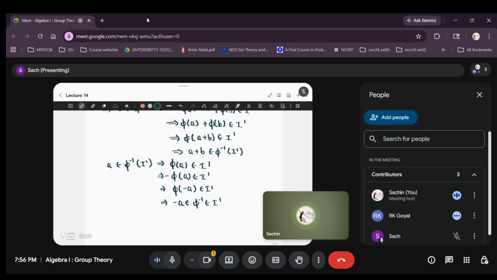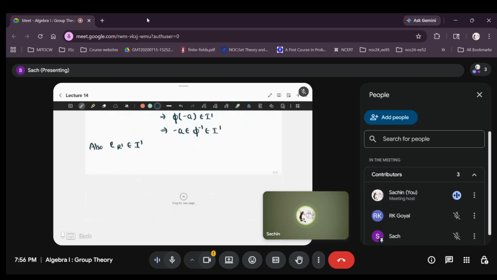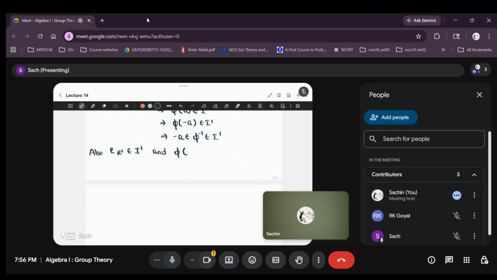Then we also know that E_R is mapped onto E_R prime, which belongs to I prime because I prime is an ideal of R prime, right? And phi of E_R is equal to E_R prime.